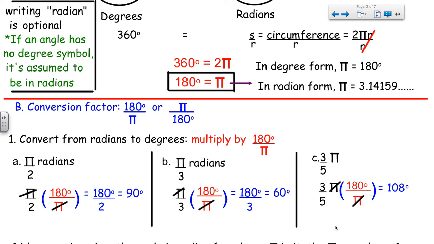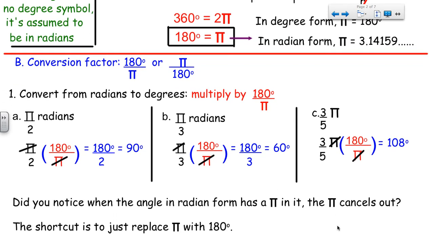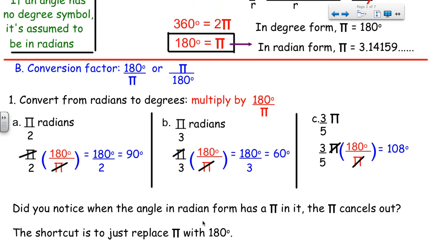If that's the case, I want you to notice that there's a shortcut. The shortcut is that really what's happening is this pi over 2 becomes 180 over 2. This pi over 3 becomes 180 over 3. And this 3/5 pi becomes 3 times 180 over 5. So you're really just replacing pi with 180.